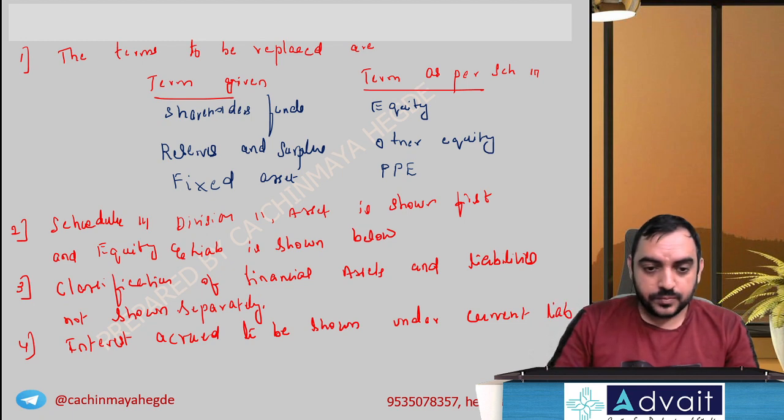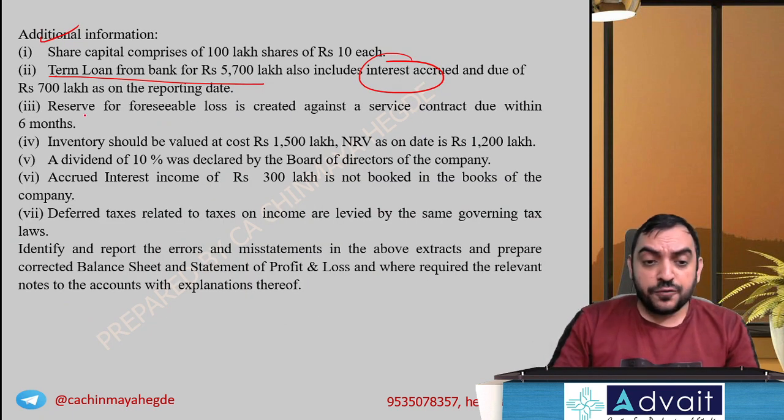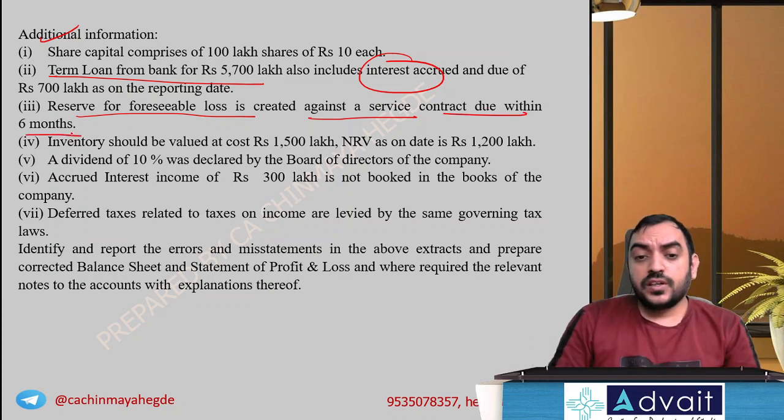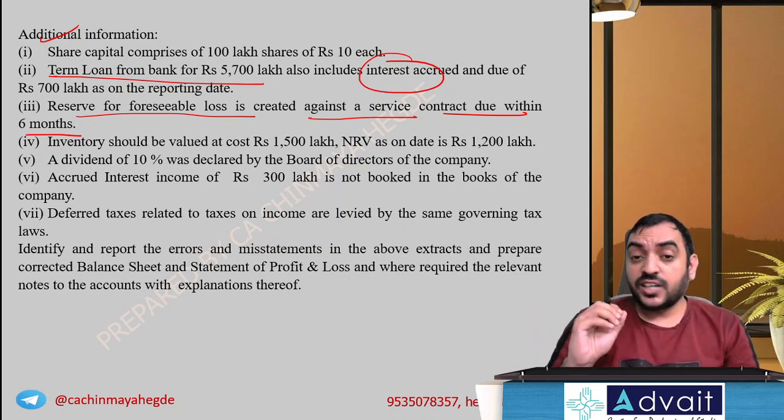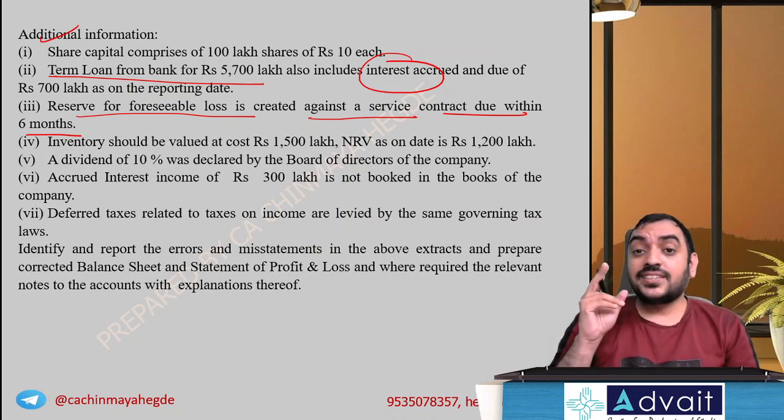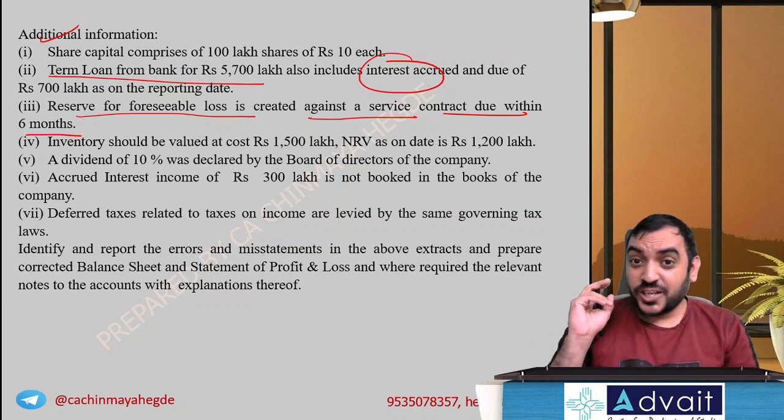Okay. Then reserve for foreseeable loss is created against service contract within 6 months. So there is a contract on which you might incur loss. You have a contract, so you're accounting for provision now. What is this contract called? Ind AS 37. Executory contract?